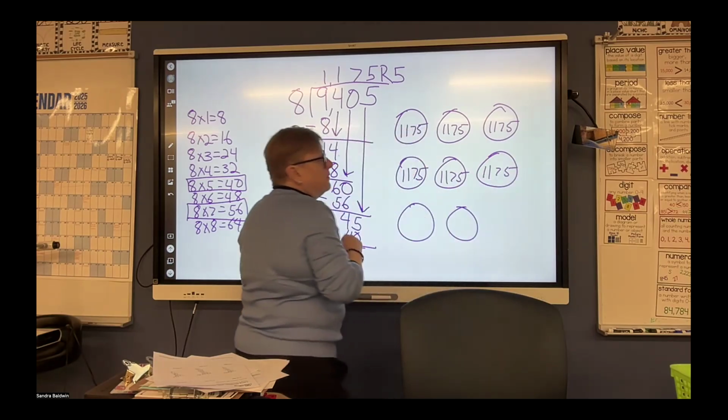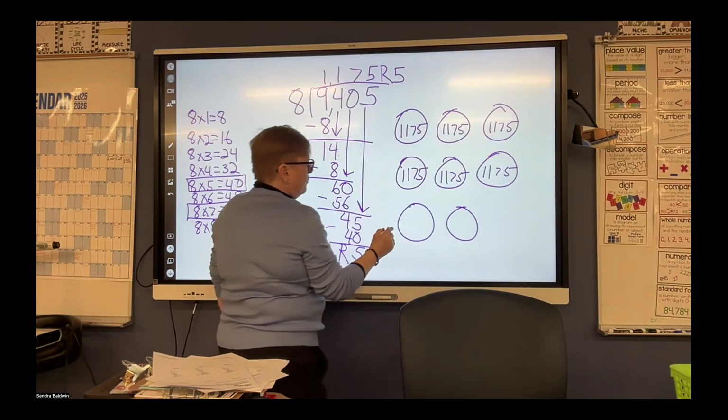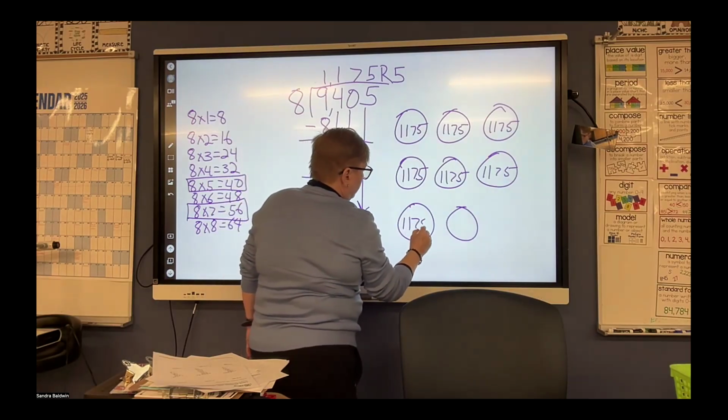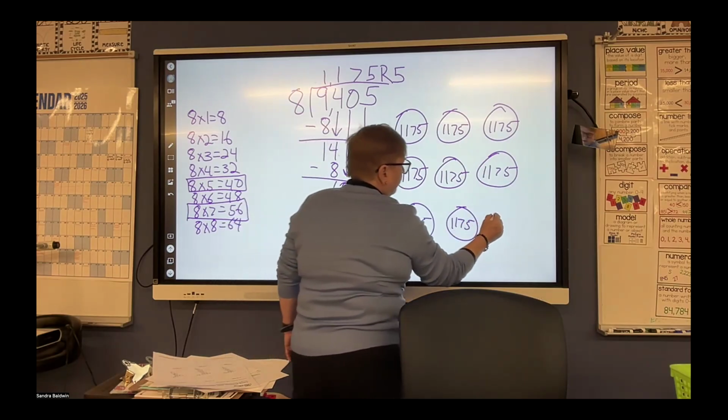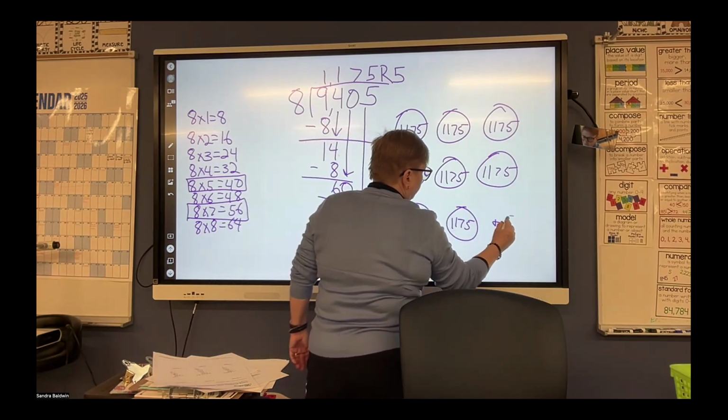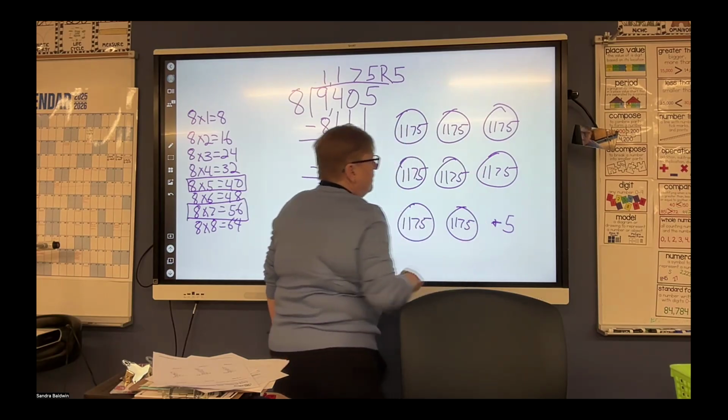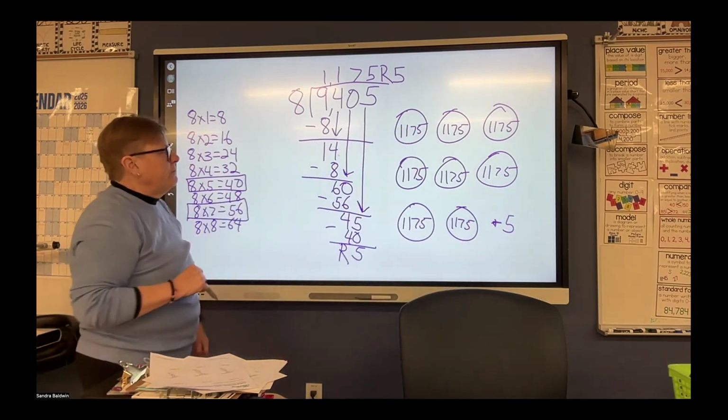This is much easier than making the X's. Can you imagine making all those X's? And then I've got 5. That's a plus 5. That's the remainder.